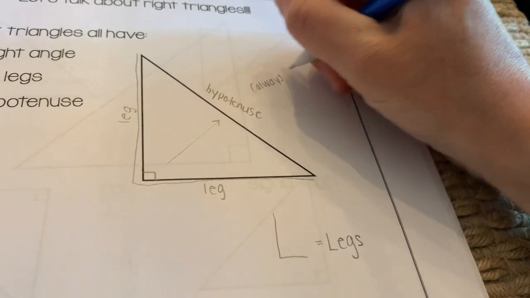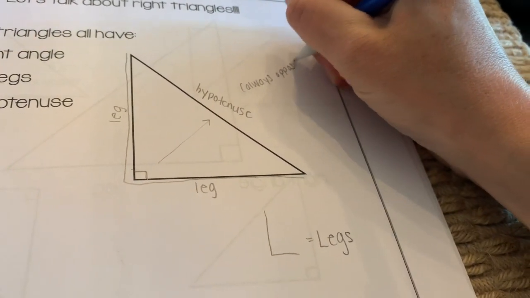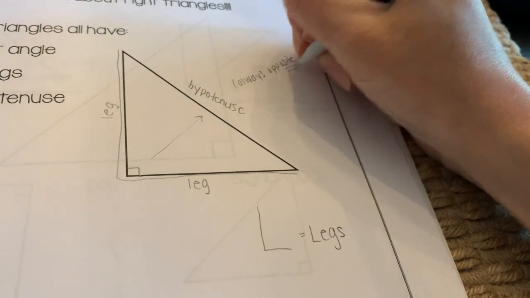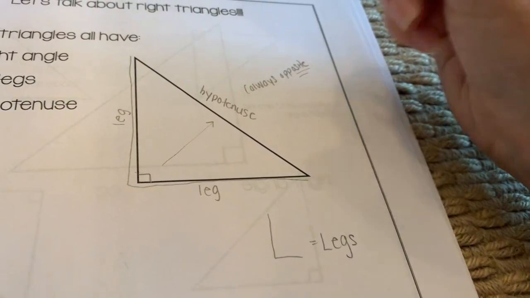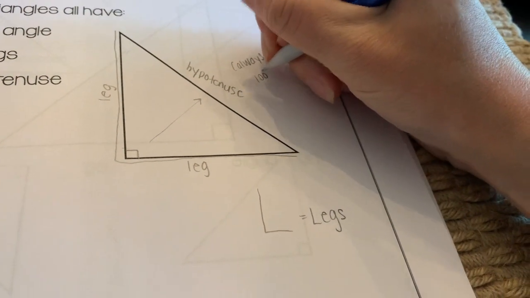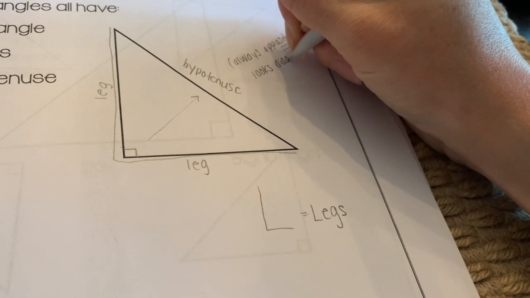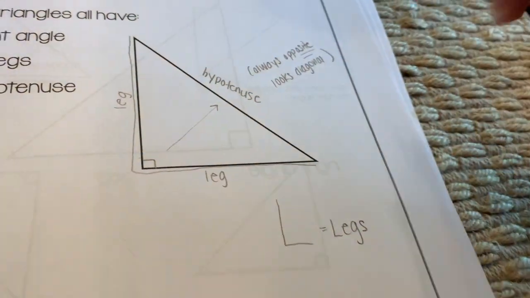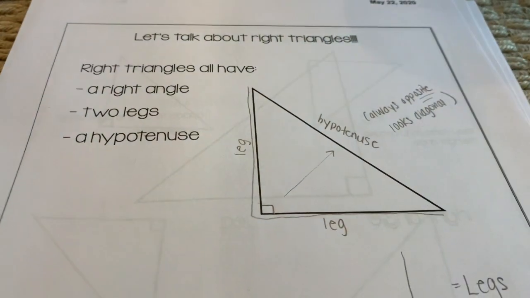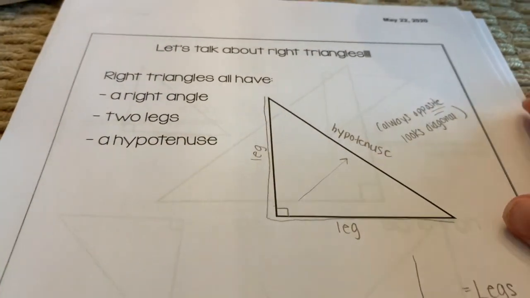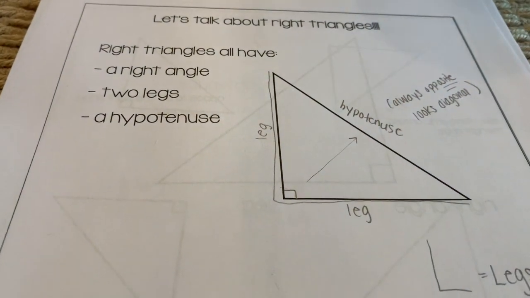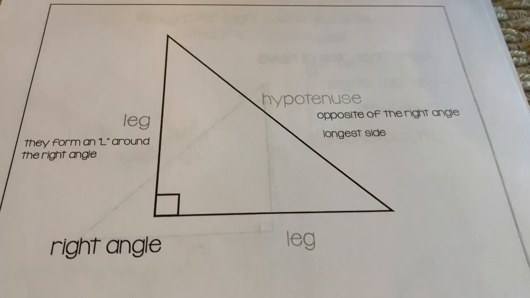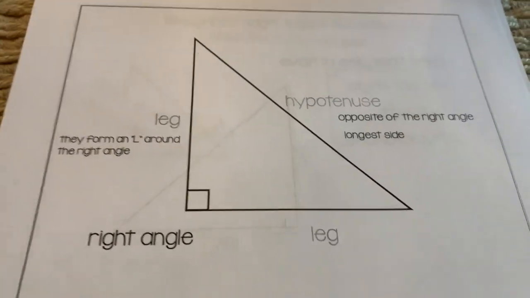And it usually looks like it is diagonal. But I don't want to say that always because, you know, sometimes your triangle can be turned around and facing a different way.